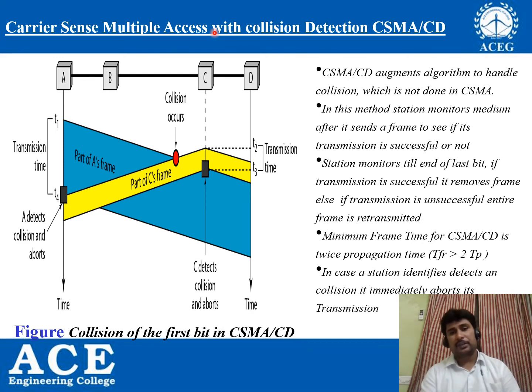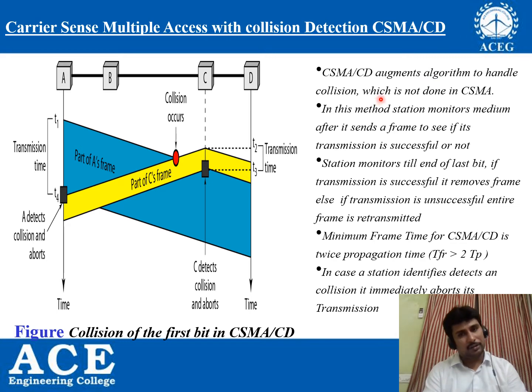Let us look at it. In CSMA, we sense a channel till it is free, and once it is free we transmit the data. But once we send it, we do not care whether that data has reached the destination successfully or not. So in CSMA/CD, we implement an algorithm to handle the collision, which does not happen in carrier sense multiple access.